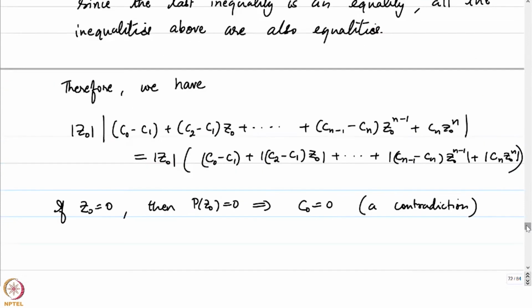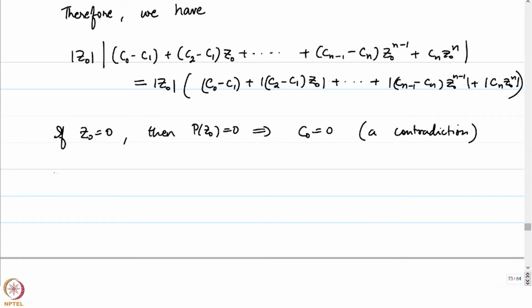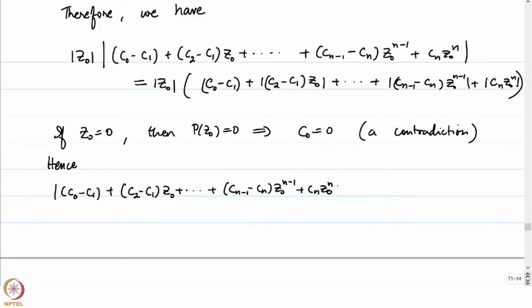And what we end up with is an equality in this triangle inequality. So we have hence the absolute value of c0 minus c1 plus the absolute value of c2 minus c1 times z naught plus the absolute value of cn minus 1 minus cn times z naught to the power n minus 1 plus cn z naught to the power n.